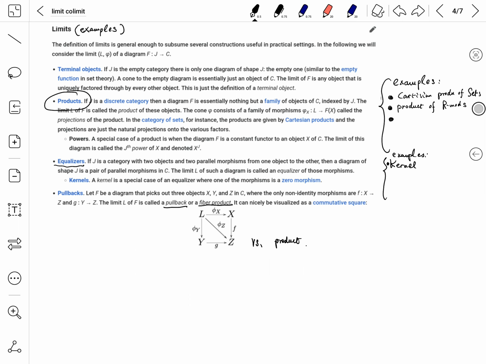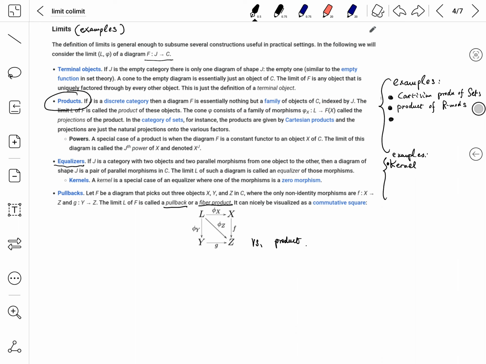Okay, so now let's see some examples of limits. The definition of limits is general enough to subsume several constructions used in practical settings. In the following, consider the limit L of a diagram. So the first example is terminal objects.